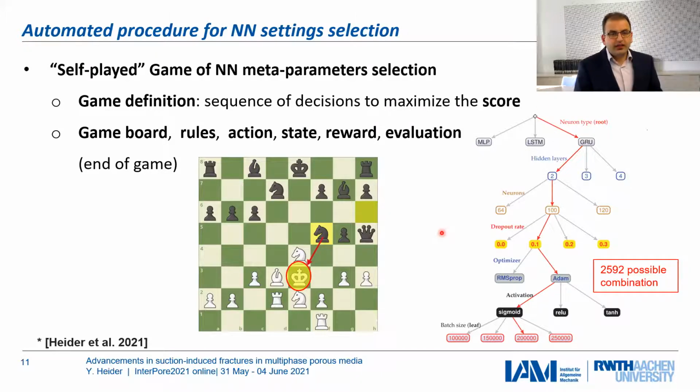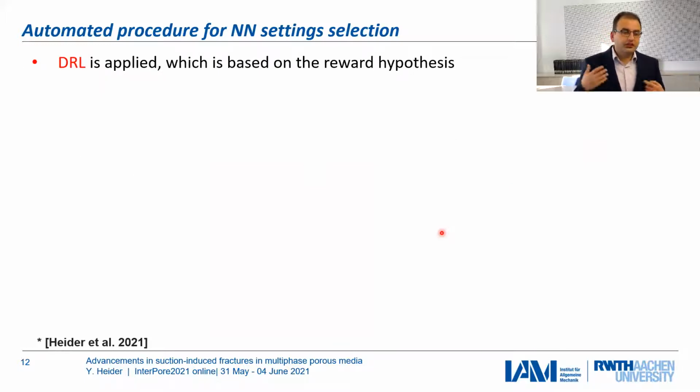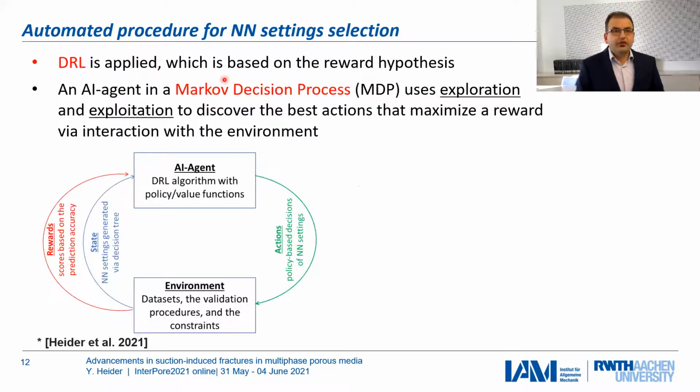This is carried out using deep reinforcement learning, which is based on the reward hypothesis. So in this case, we proceed from an artificial intelligent agent, as you see here, which represents a Markov decision process, which uses exploration and exploitation, exactly like in robotics, to discover the best actions.